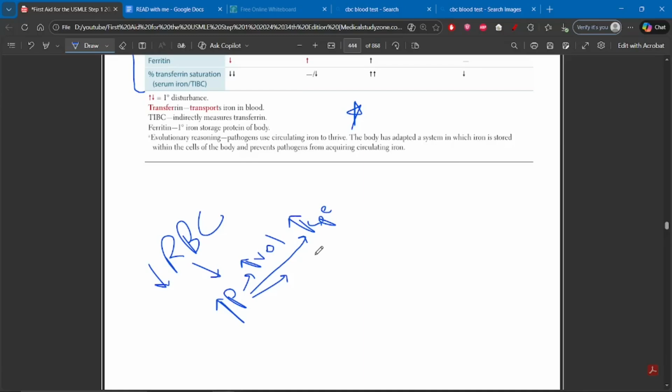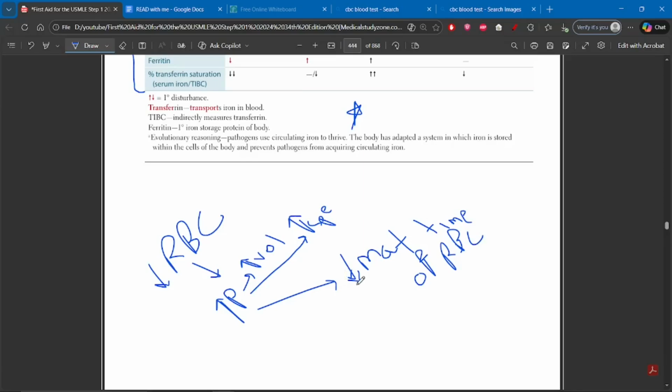So the problem over here is that when RBCs are being produced rapidly, of course, there is going to be a decrease in the maturation time of RBCs.